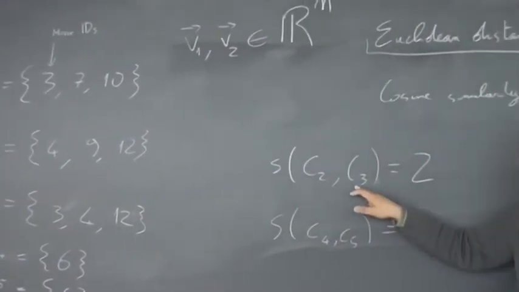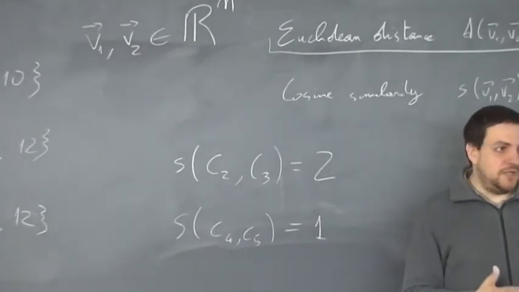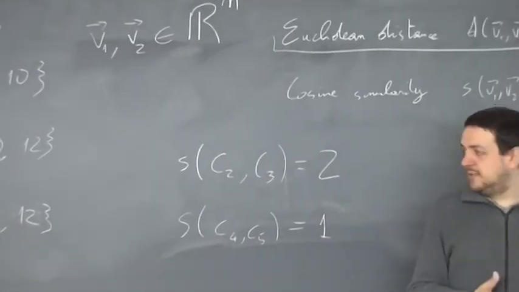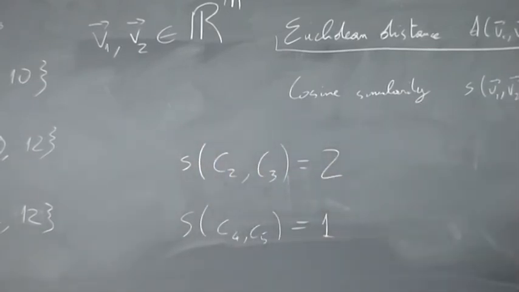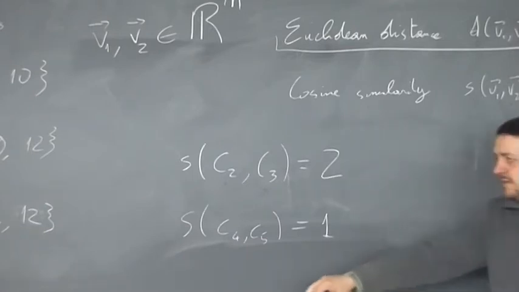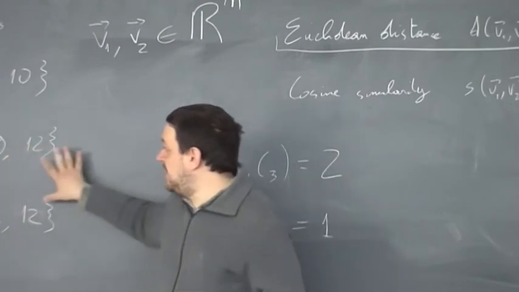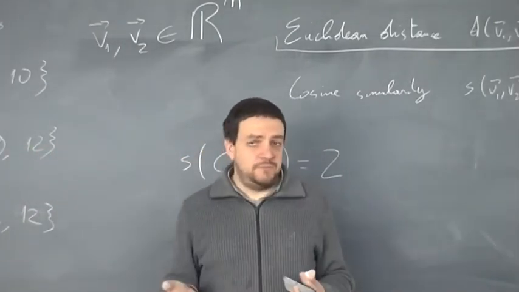So actually C2 and C3 should be less similar to each other than C4 and C5. We obtain this, okay, what is the problem here? It is the overall number of items that have been purchased.